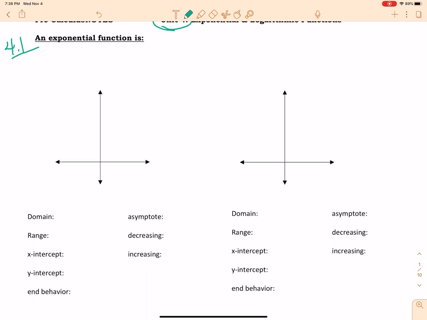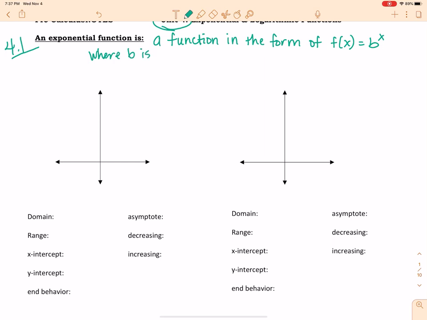So the first thing I want to talk to you about is what an exponential function is. Well, it is a function, obviously, in the form of f of x equals b to the x power, where b is called the base, and b is not equal to 1.